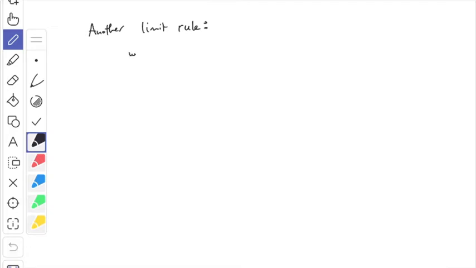We can evaluate a limit inside a continuous function. And I'll tell you what I mean by that. So first of all, the rule, just to write the rule abstractly.